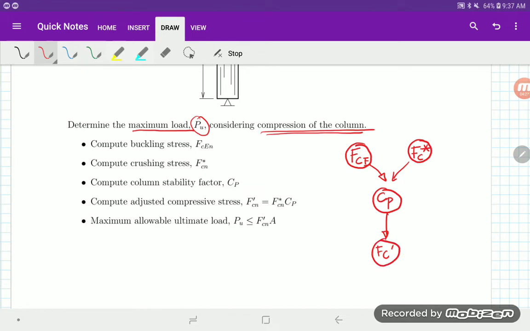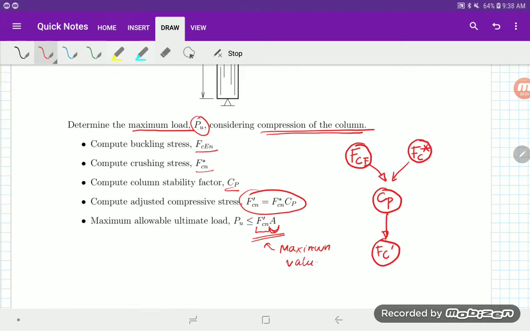So we always need to first compute the buckling stress, then the F sub C star, then we compute our stability factor, and then we combine those, F sub C star times the stability factor, to get our capacity. That's the stress capacity. We multiply by the area of our cross section, and that is the maximum value that we could design our column for.